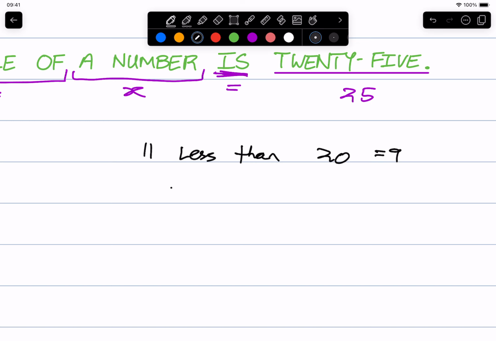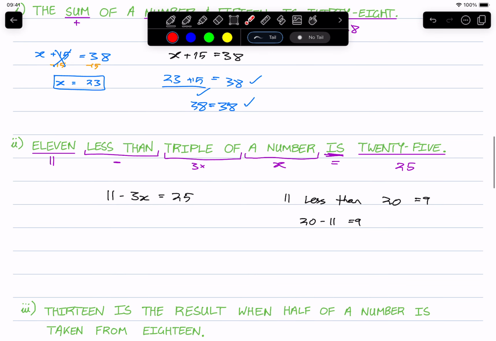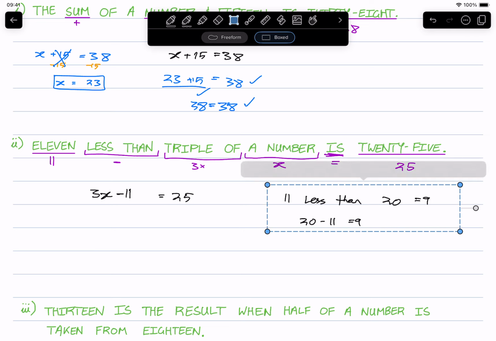Well, how we got there is it's 20, and we're going to less that, so minus that by 11, which equals 9. So whenever we see the word less than, especially the way it's arranged in this sentence, it's not like this. It's actually going to be 3x take away 11 equals 25.